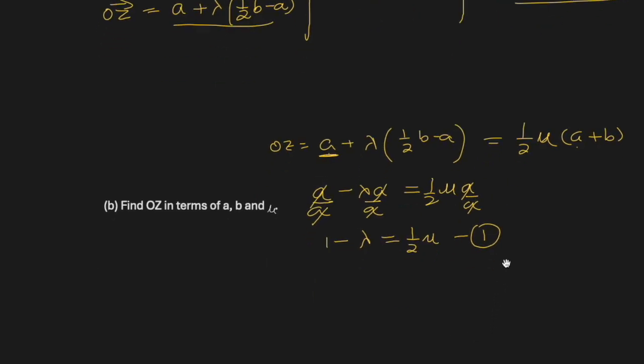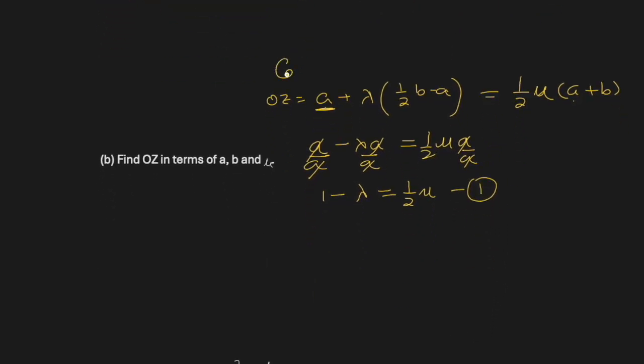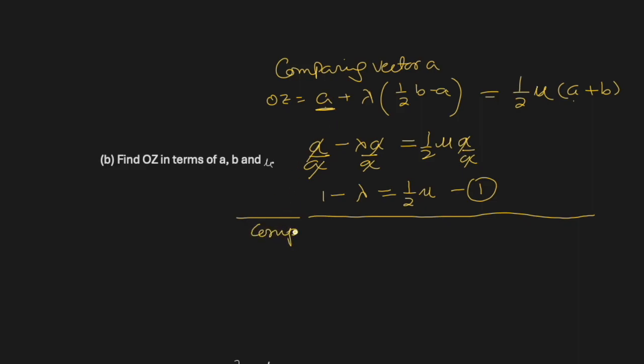Let's compare B's. Comparing vector A, or multiples of vector A, you can say scalar multiples. Okay. Now comparing B. So we don't have any B here.